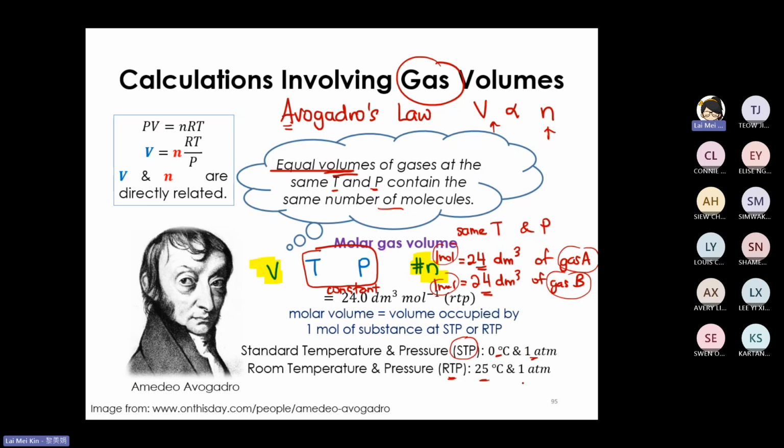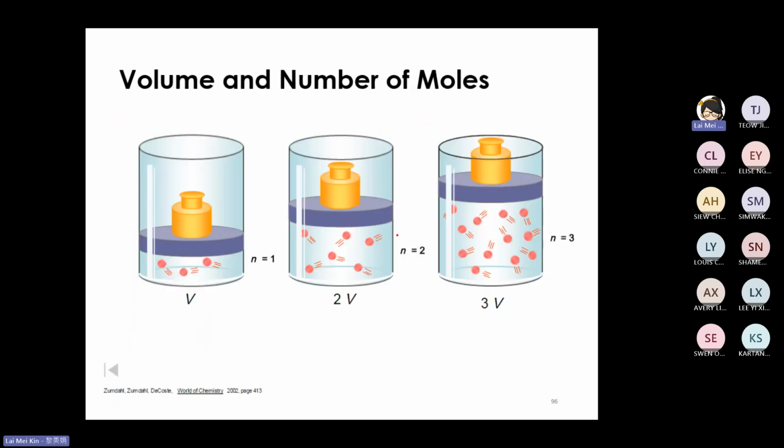Room pressure is assumed to be 1 atm. Don't need to memorize this. I've been generous enough. It's also in the data booklet, what is STP and what is RTP. So let's move on.